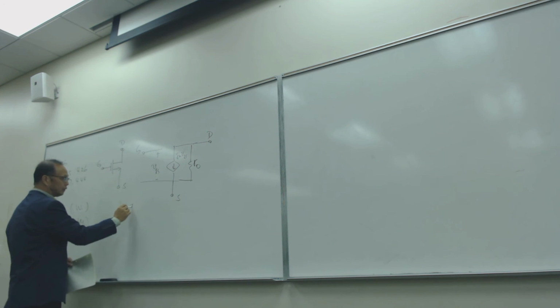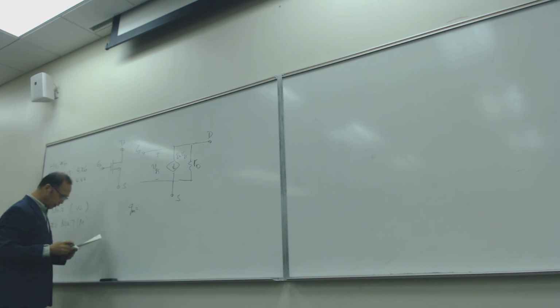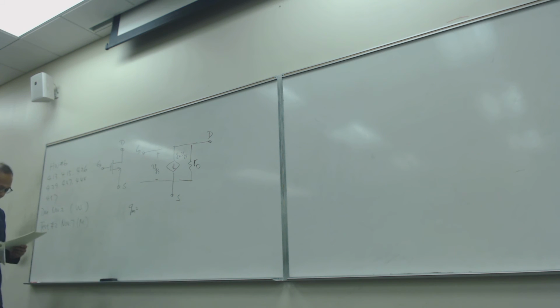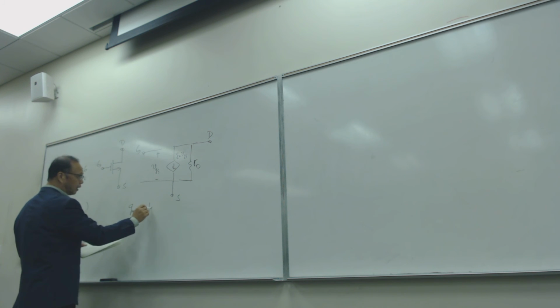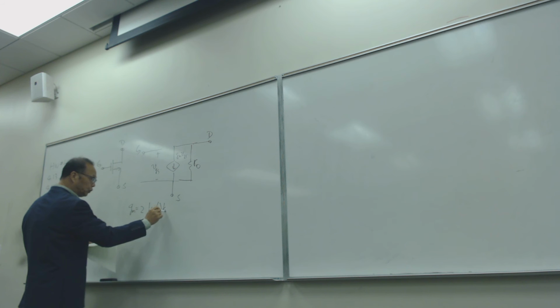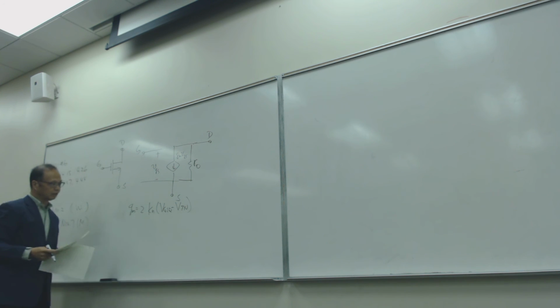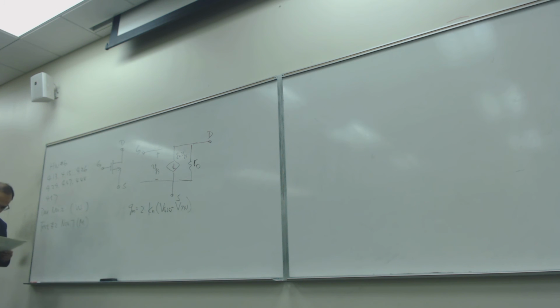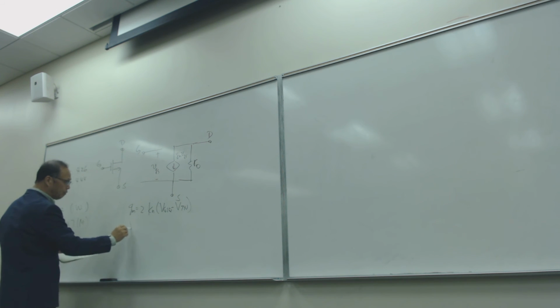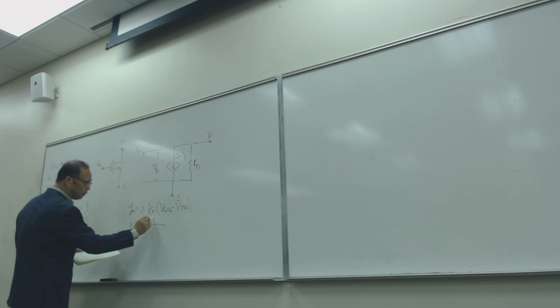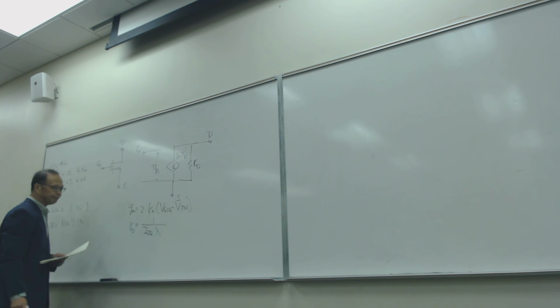And gm is called the transconductance, and there's a formula for that: 2 times Kn times (VGSQ minus VTN). Okay, so that's the formula for gm, and r_o slope is 1 over IDQ times lambda.